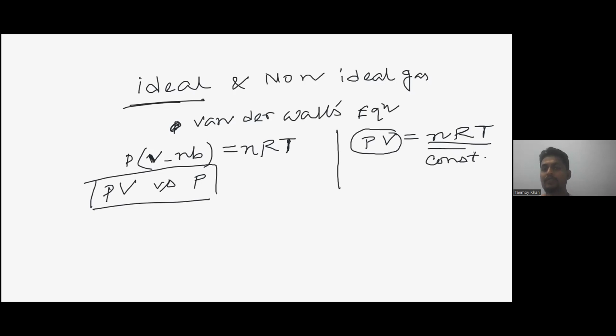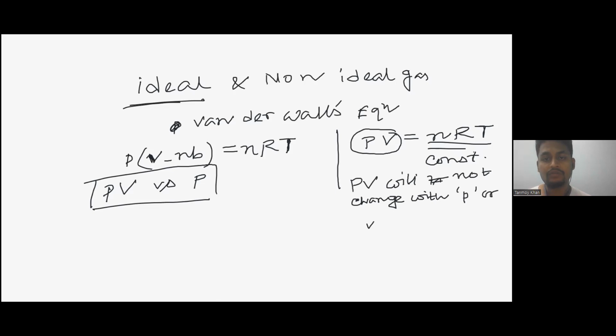That means the whole value of PV will not change with P and V. Whatever P you take, V will compensate, as PV remains constant. So if P increases, V will decrease such that PV will be constant.